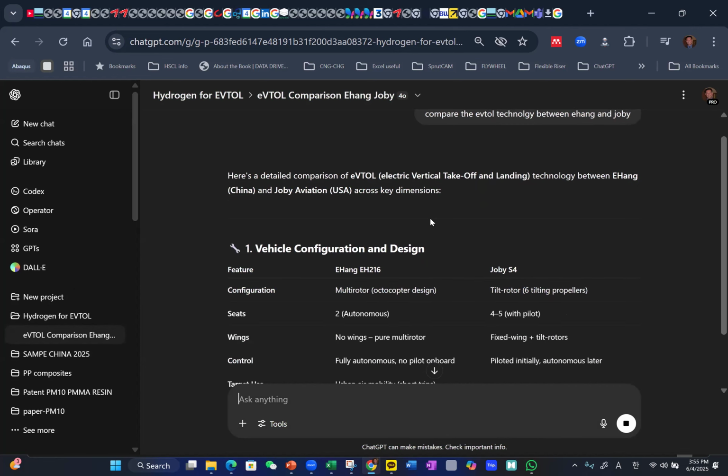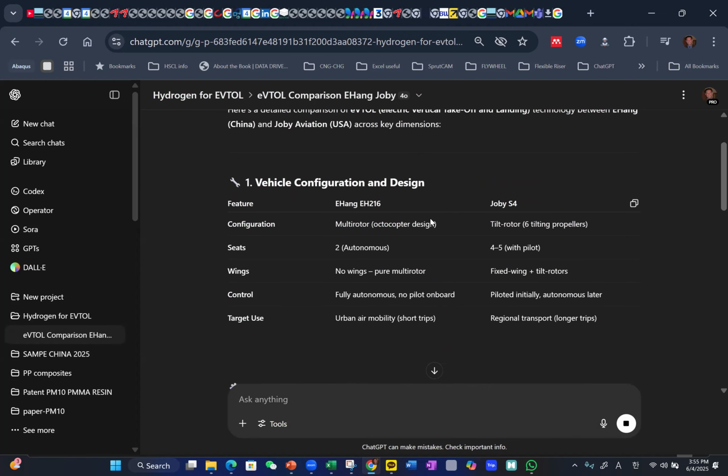See, it's important to compare two products when you start to develop your own system. So comparison is a good start to understanding the technology, not just for the purpose of comparing, but it really helps us to understand the eVTOL in general.